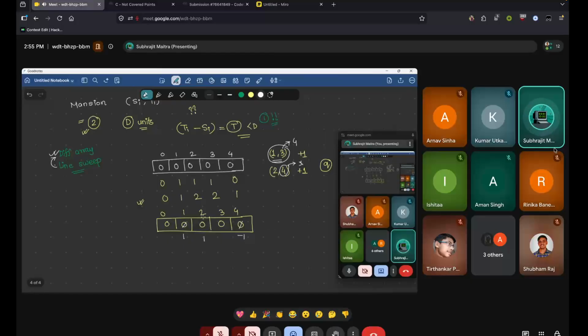Now, if I find the prefix sum of this array, you see 1, 1 plus 1 is 2, 2 plus 0 is 2, 2 plus minus 1 is 1. Do you see that we got the same result as if we did the queries individually? Am I clear with this algorithm?